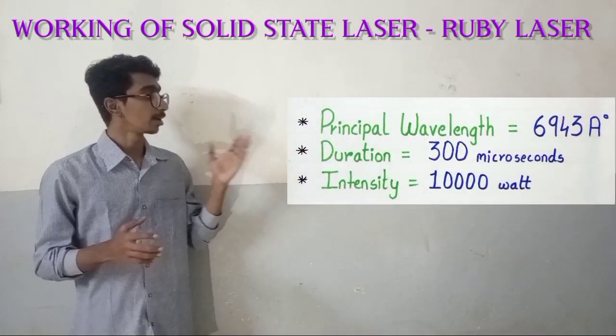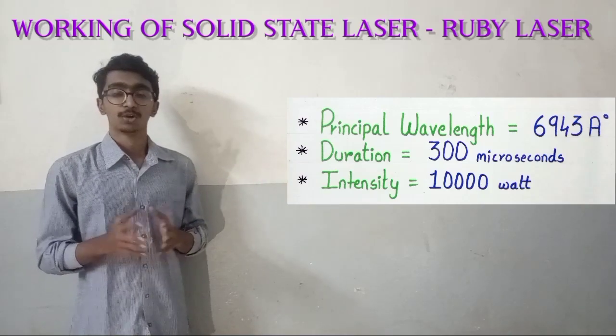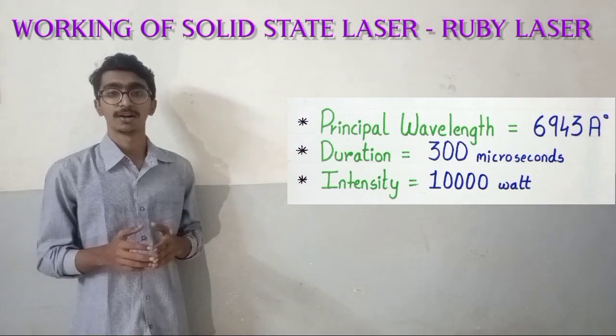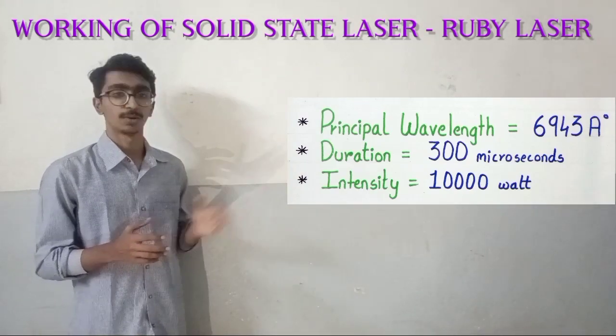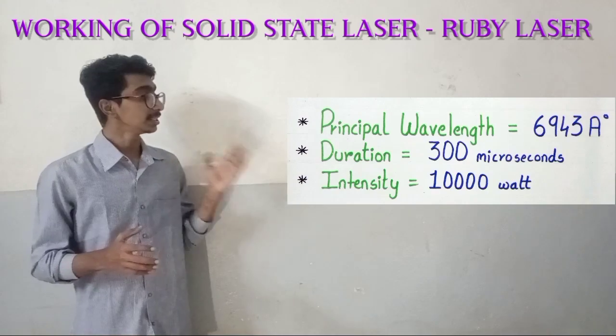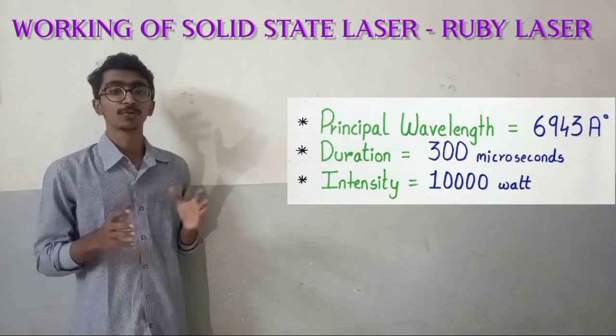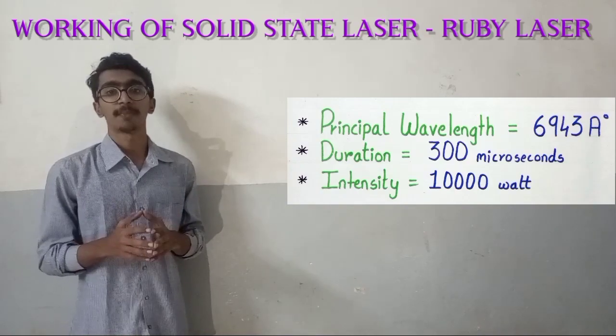Here are some important details about ruby laser. The principal wavelength is 6943 angstrom, as you have known earlier. The intensity is about 10,000 watt, and the duration of ruby laser is 300 microseconds.